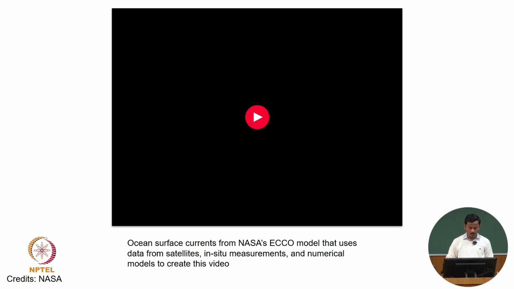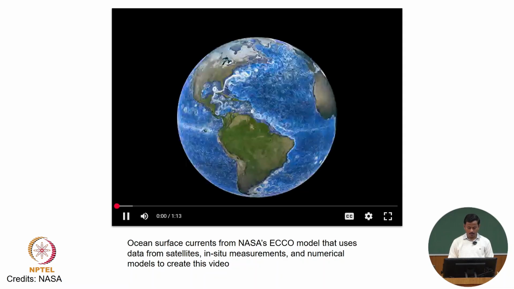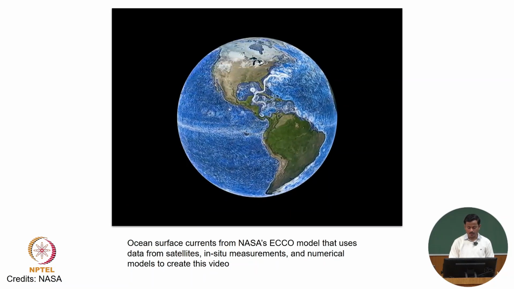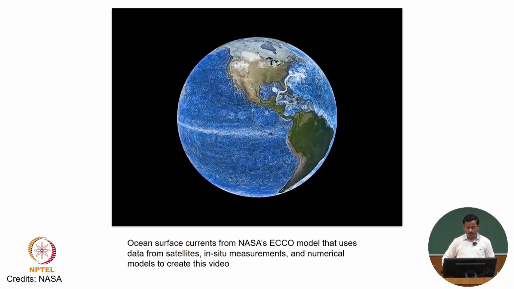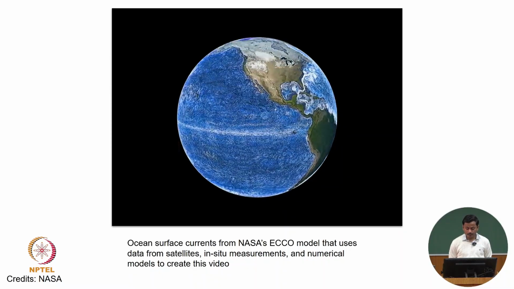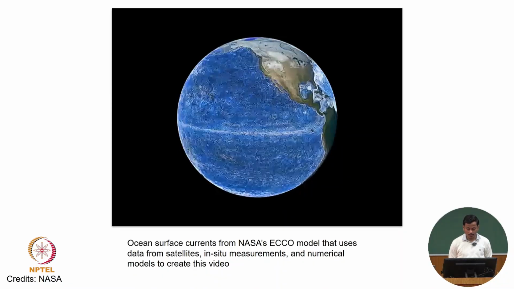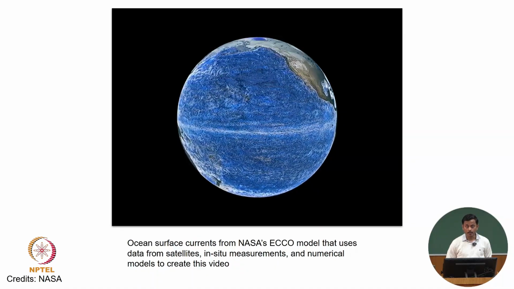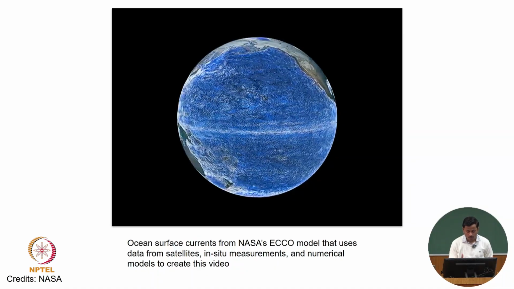This is a video of surface currents from NASA's ECCO model. This uses data from satellites, in situ measurements, and numerical simulations, and this is what we see. This is showing surface currents. This is Earth, and it will keep on rotating.